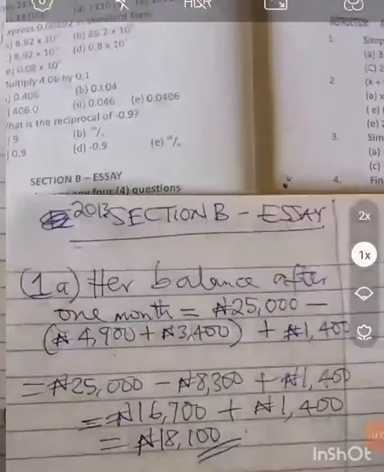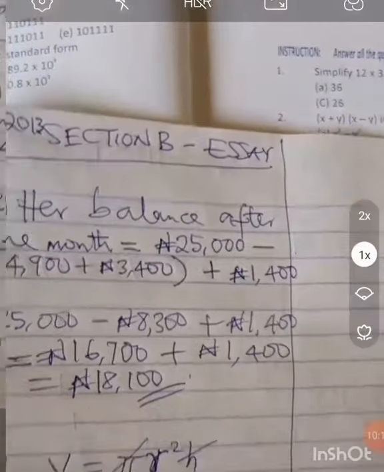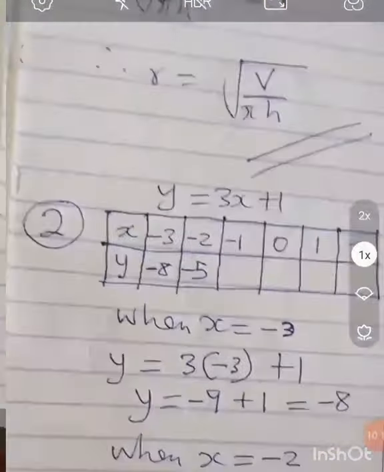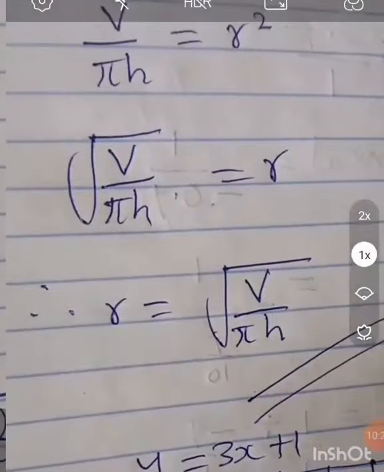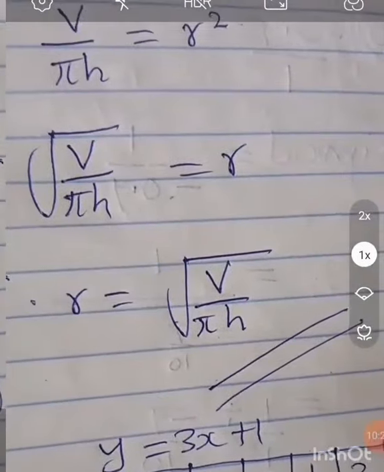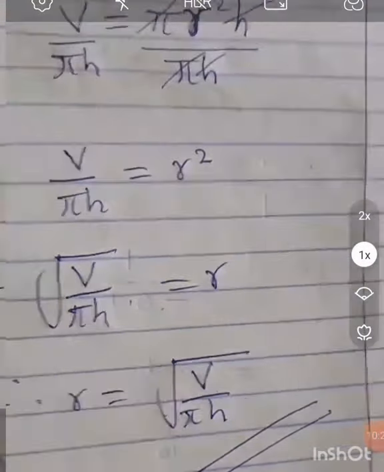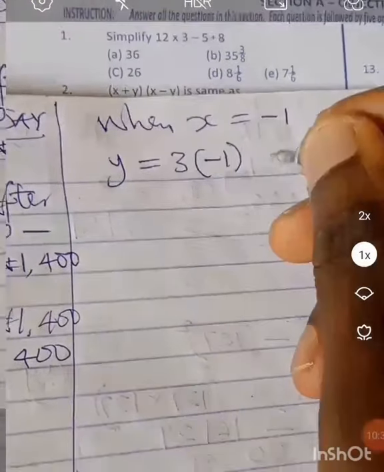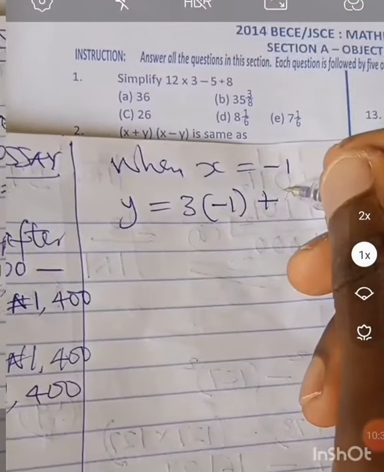Now we'll continue on that. So we'll go on. The next one, when x is minus 1. When x is equal to minus 1, we have that y will be equal to 3 times minus 1, using that same equation, y equals 3x plus 1.